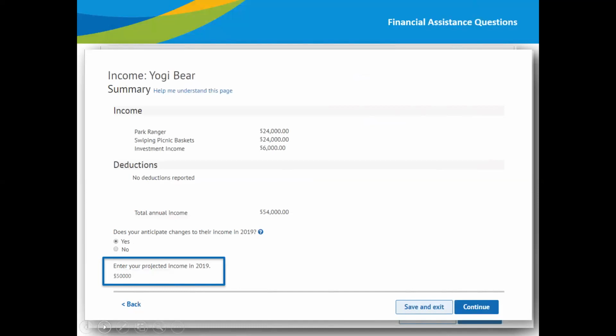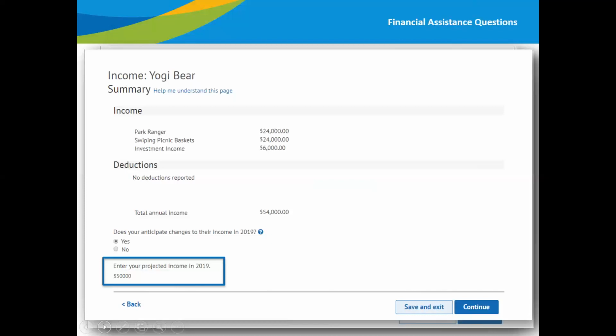If there were any deductions that were reported by the individual, these are IRS deductions, not self-employment deductions or expenses. They would be in the deduction section. And then you'll see the total annual income. So based upon what they've input into the system in those prior pages, we will total out the annual income for the individual, in this case, $54,000.